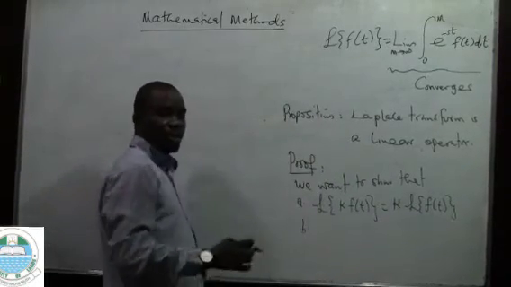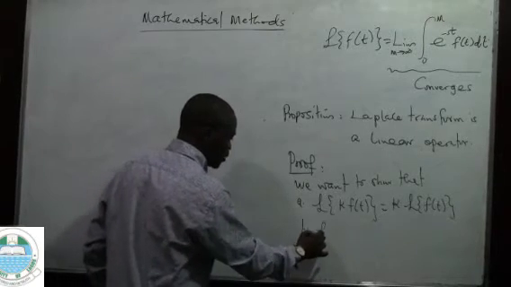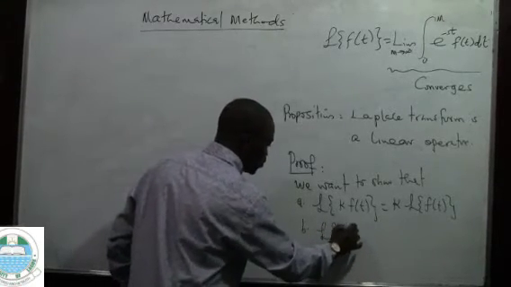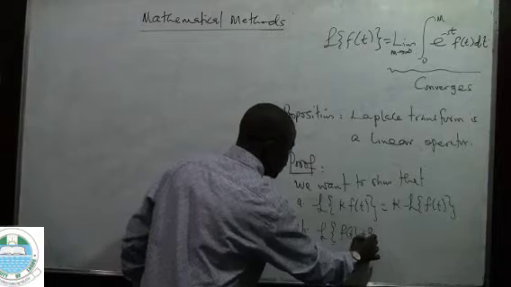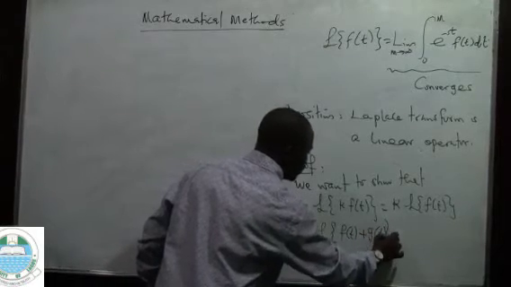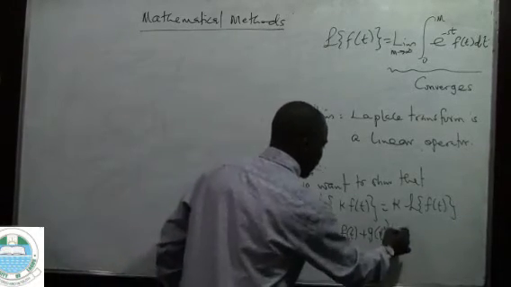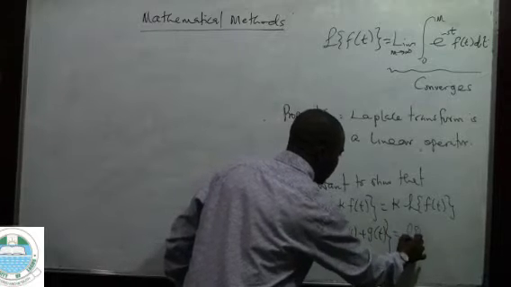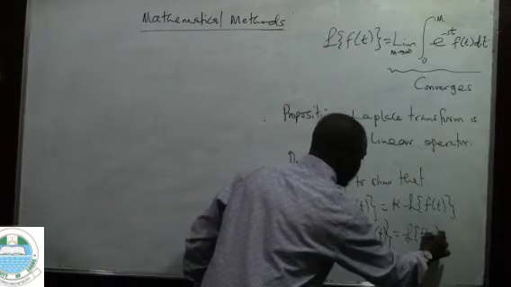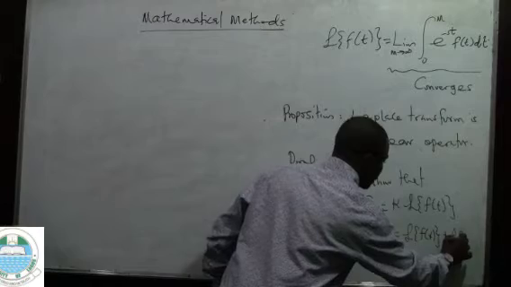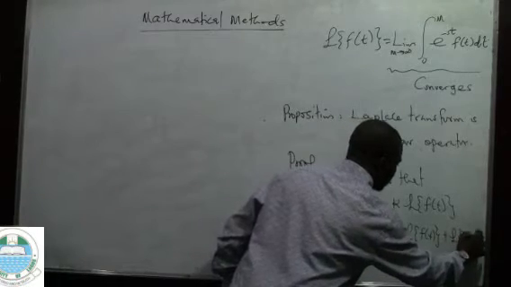B, we also need to establish that the Laplace of the function f of t plus another function g of t, the addition of the two of them, is the same thing as the Laplace of f of t plus the Laplace of g of t.